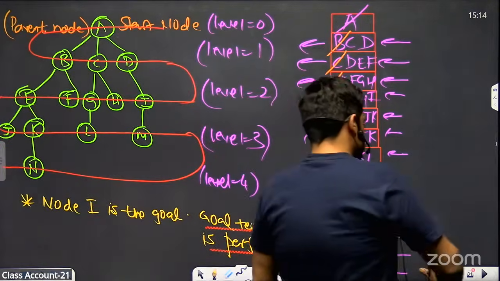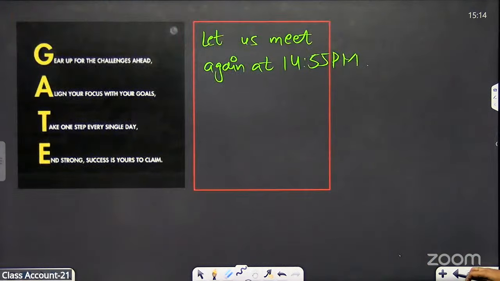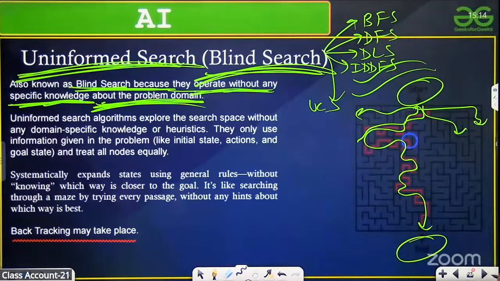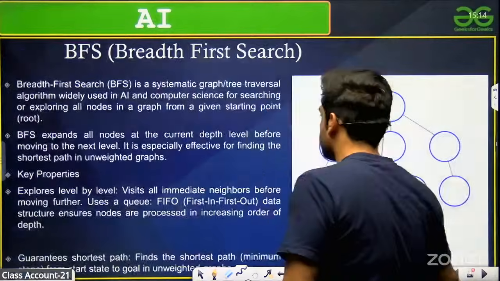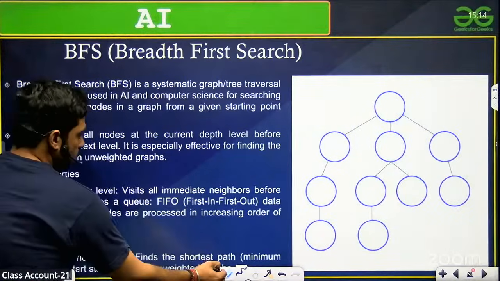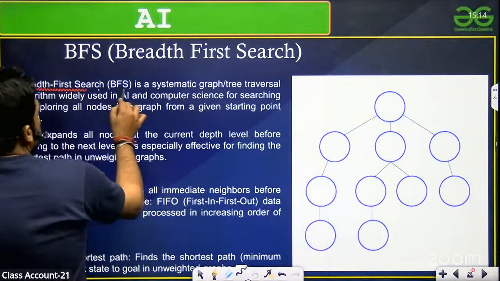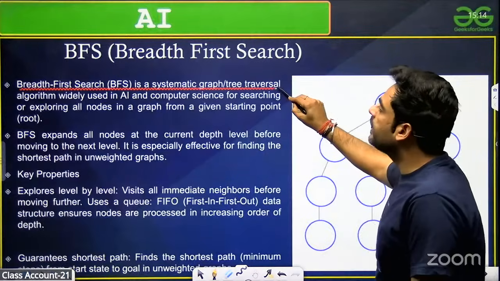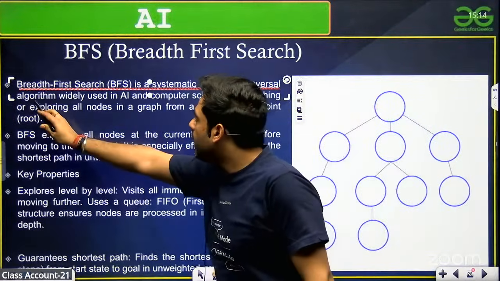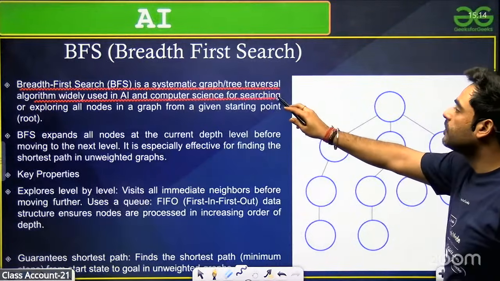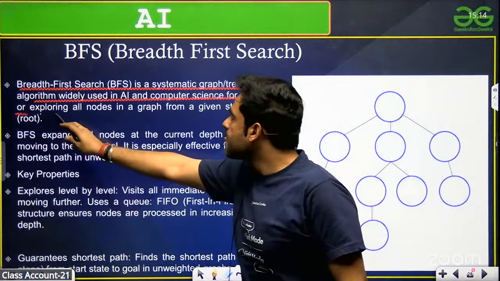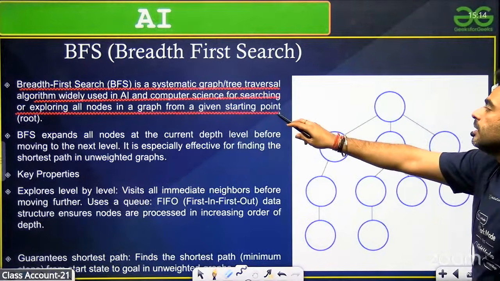Okay. So if you just see the theory part, what BFS is: breadth first search is a systematic graph tree traversal algorithm widely used in AI and computer science for searching and or exploring all nodes in a graph from a given starting point.